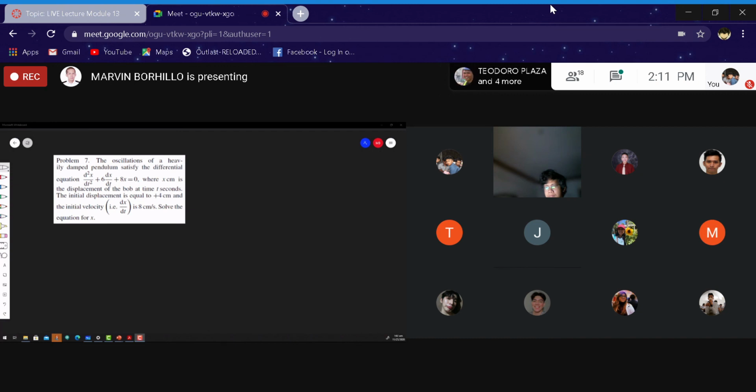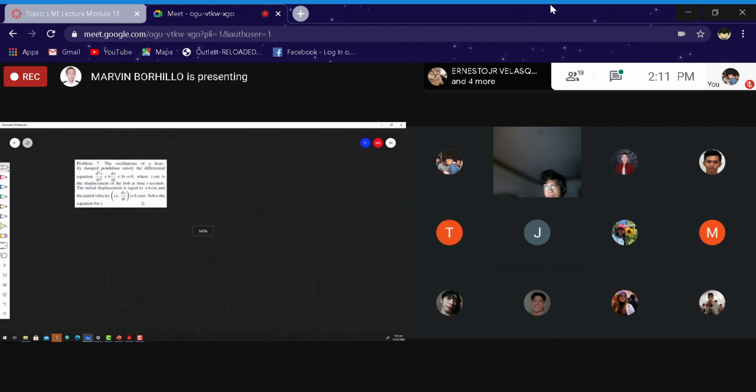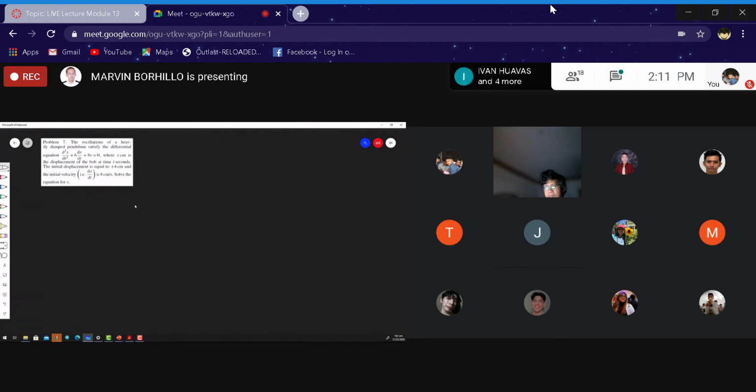So, yan. So, every problem, we have 4 steps. So, zoom out natin ng konti. Yan. Para hindi mataba yung aking pagsulat. So, click natin. Okay. So, first part will be involving getting the D operator form. So, sulat natin yung equation. Step number 1.